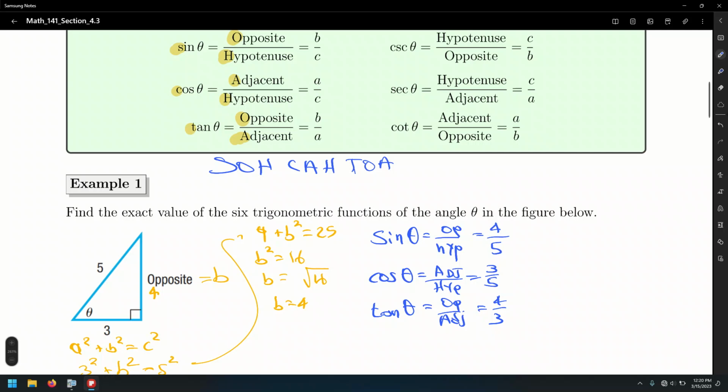It's just a different point of view this time. Instead of using a unit circle or a circle of radius r, whatever the radius can be, we're going to use just triangles this time. So from here we can get cosecant, from here we can get secant, and from here we can get cotangent. Just find the reciprocals of each. And that's about it.